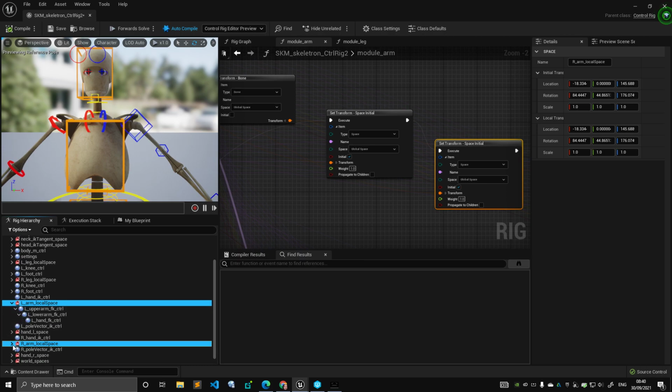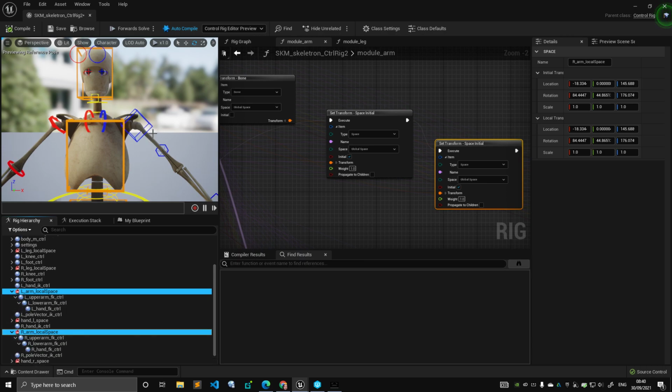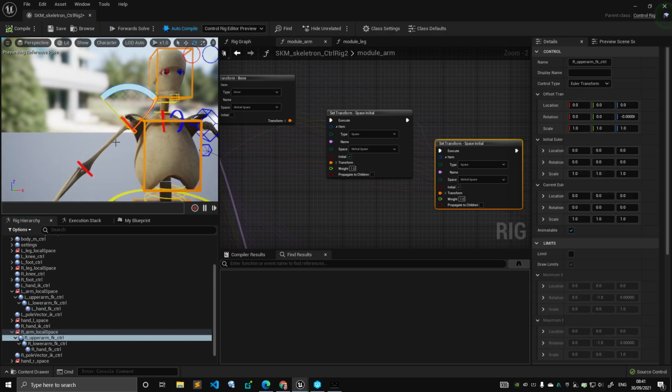Children of these spaces are these controls, the FK controls that were already there. I'm simply parenting them underneath.